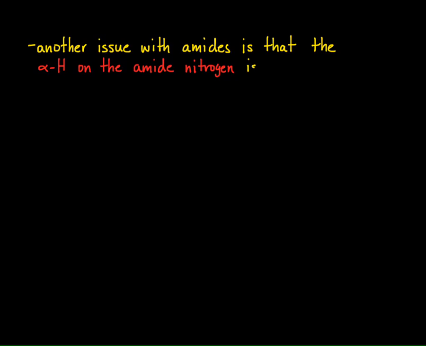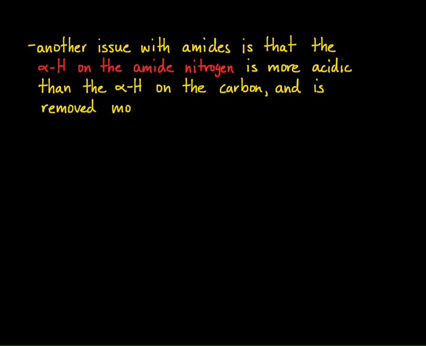Now, there's also another issue with amides, and that is that the hydrogen on the amide nitrogen is actually more acidic than the alpha hydrogen on the carbon, and in basic conditions, it's removed more easily. Just to clarify, we're talking about alpha hydrogens on the nitrogen and alpha hydrogens on the carbon.